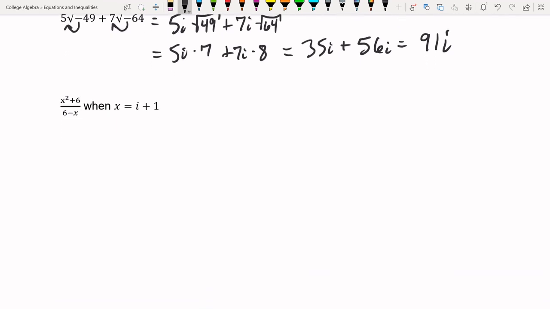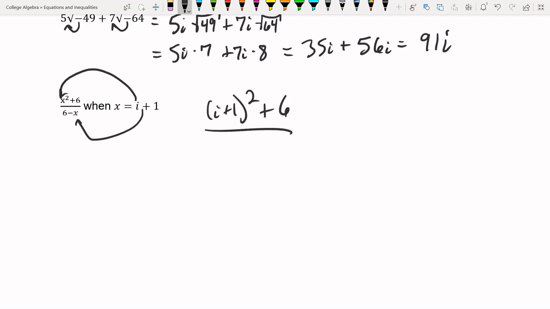Okay. For this problem, all we have to really do is plug this quantity into both of these sections here. We have i plus 1 squared plus 6 over x minus i plus 1. Write that a little bit cleaner. The top I'm going to expand so that I can FOIL it out.